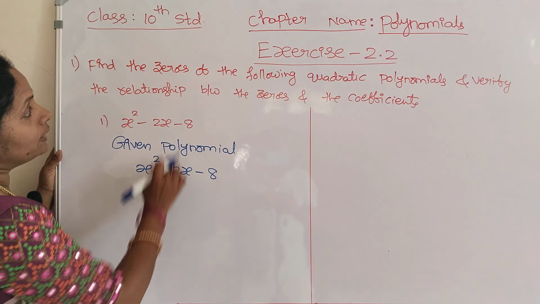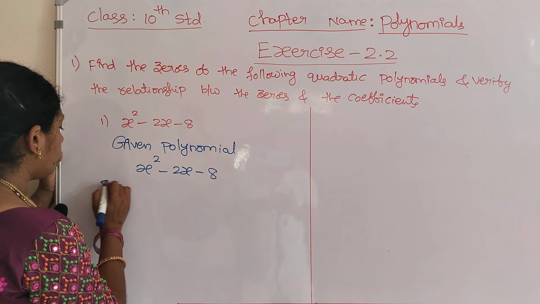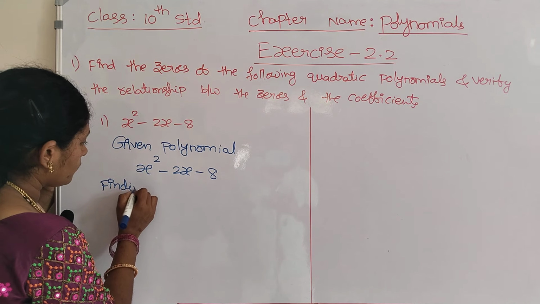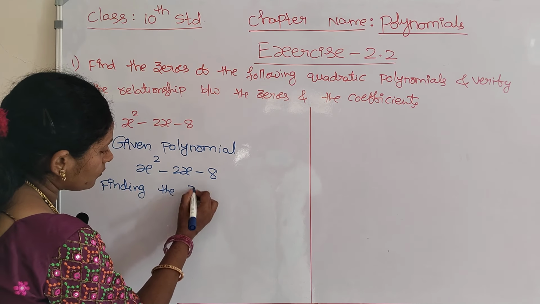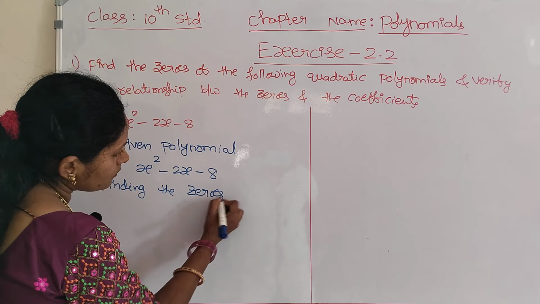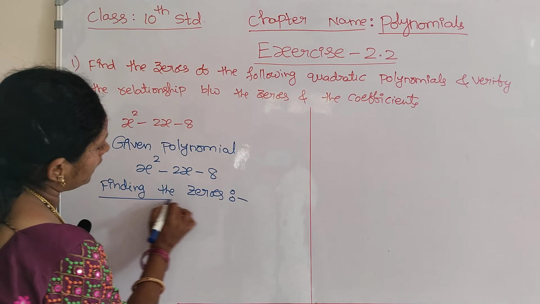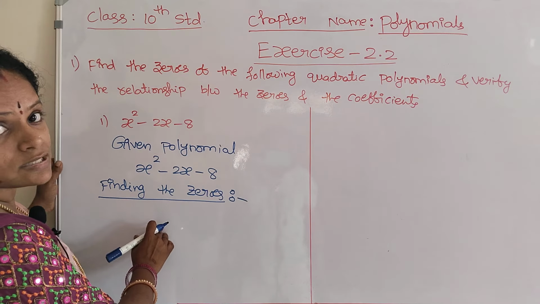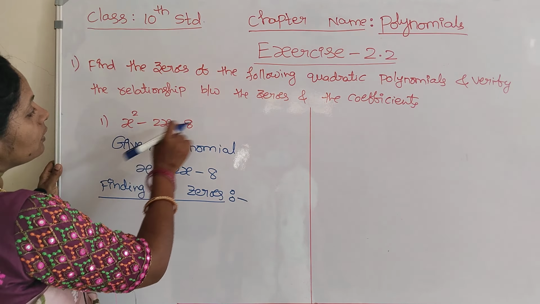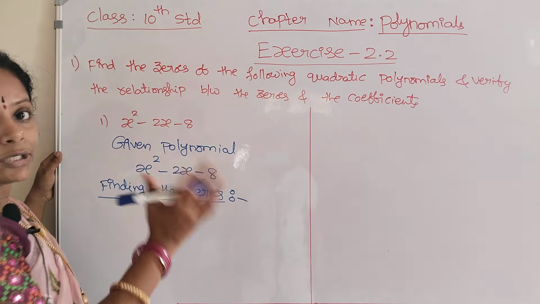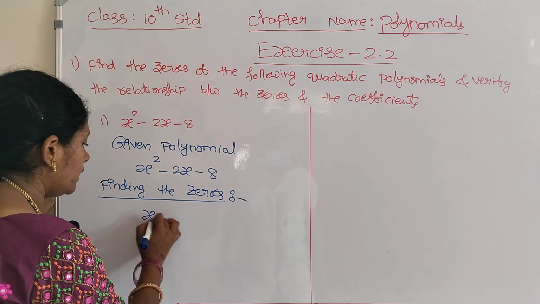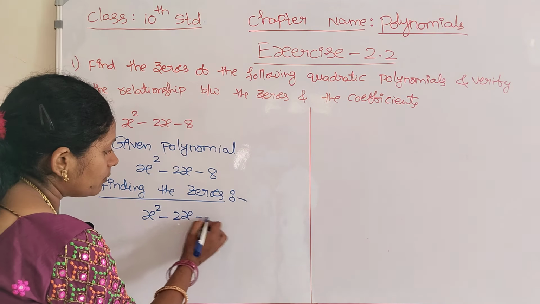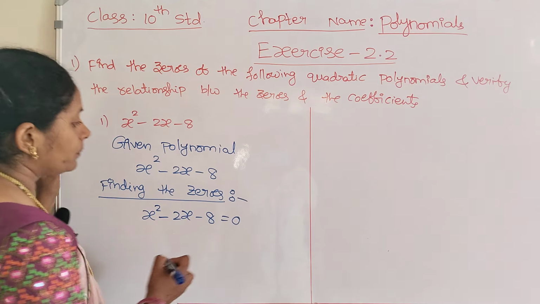Now, we have to find the zeros. How? We have to equate the given polynomial to zero: x square minus 2x minus 8 equals 0.